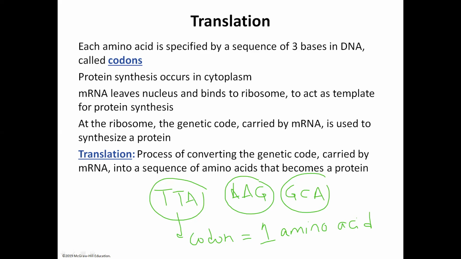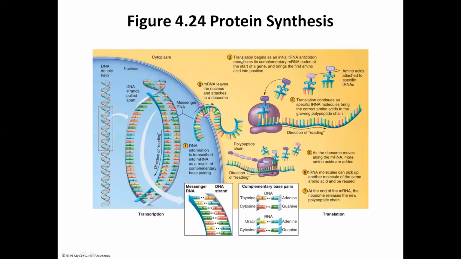So in translation now, we're converting the genetic code into these amino acid sequences. And again, if you think about a protein, we know that that is the primary sequence. And then we can go on to do the secondary, tertiary, and then finally we'll get this quaternary structure. So this is sort of how it all unfolds together.